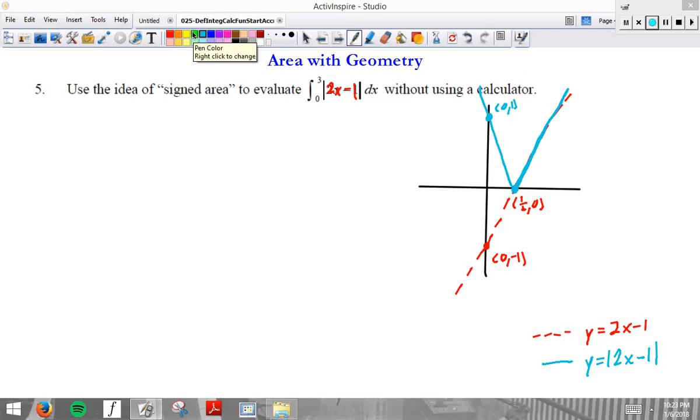Get a graph. Now, something you have to get good at is that this says, give me the area starting from x equals 0. x equals 0 would be this line, stopping at x equals 3, which we'll just say is way out here. It doesn't have to be perfect.